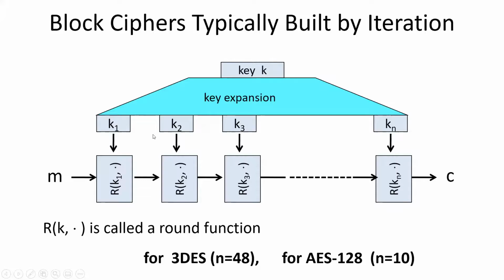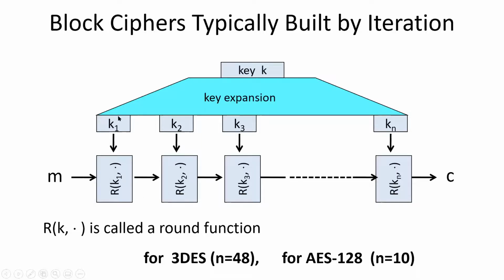These are called round keys. And it has some round function, which typically have the same circuit. So it's the same function, perhaps with some added tweaks and parameters that differ round by round, but basically they can be conceptualized as additional information in this key expansion.